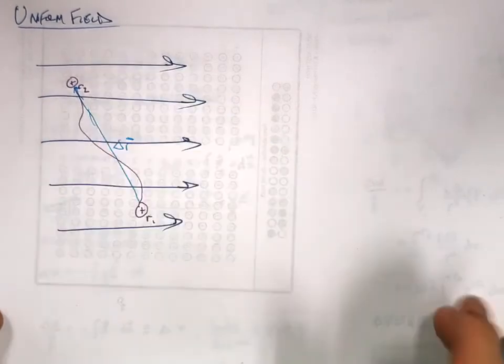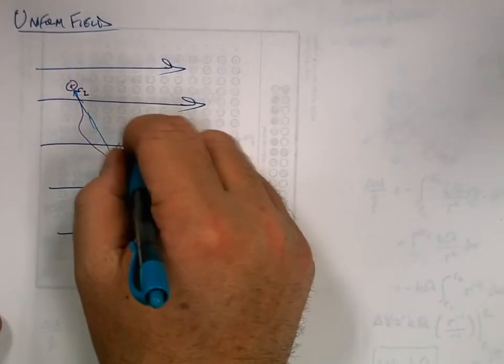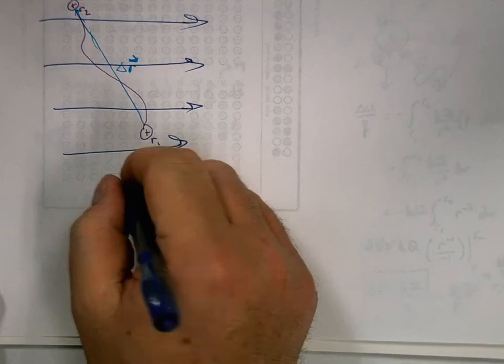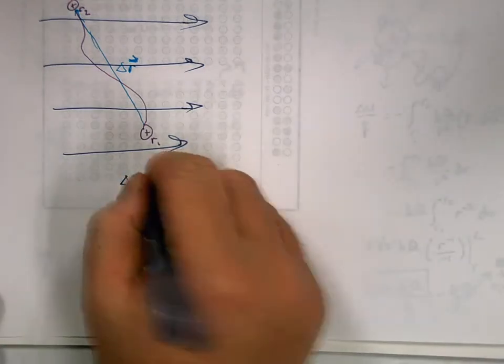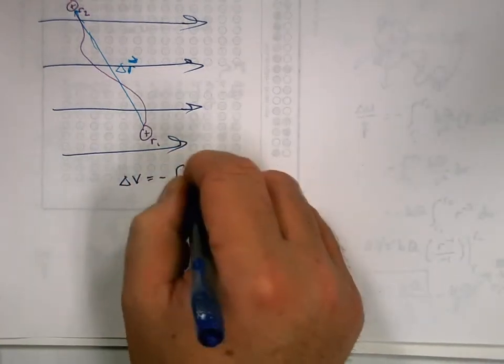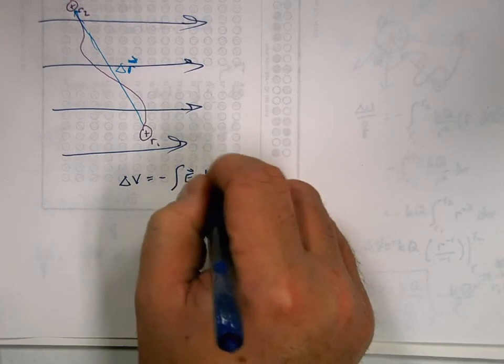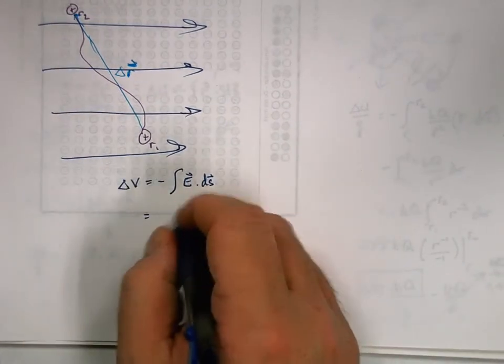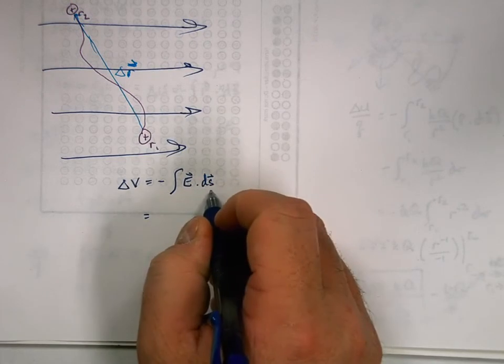That's our delta R vector. So our voltage equals negative integral E dot ds. But ds we know is delta R, right?